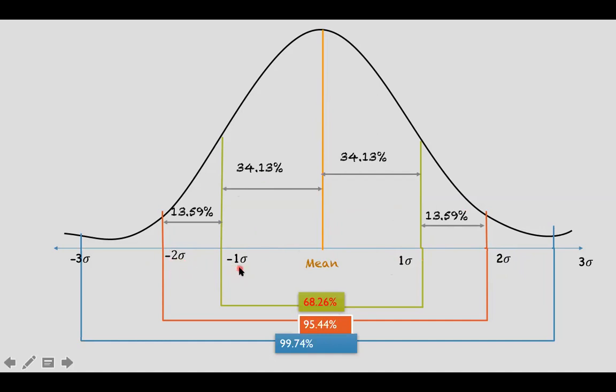From -2 to -3 there lie 2.14% cases, and that is similar to +2 to +3 standard deviations. And this is the percentage that you have to keep in mind for further studies: how much percentage lies from which point to which point.